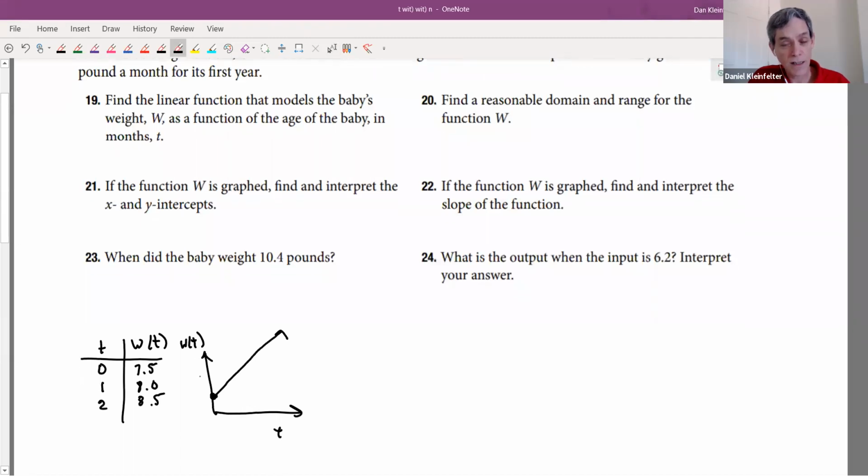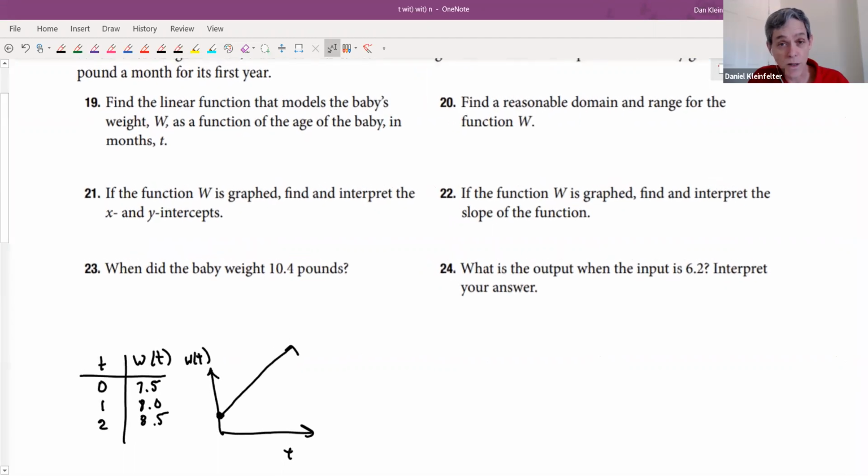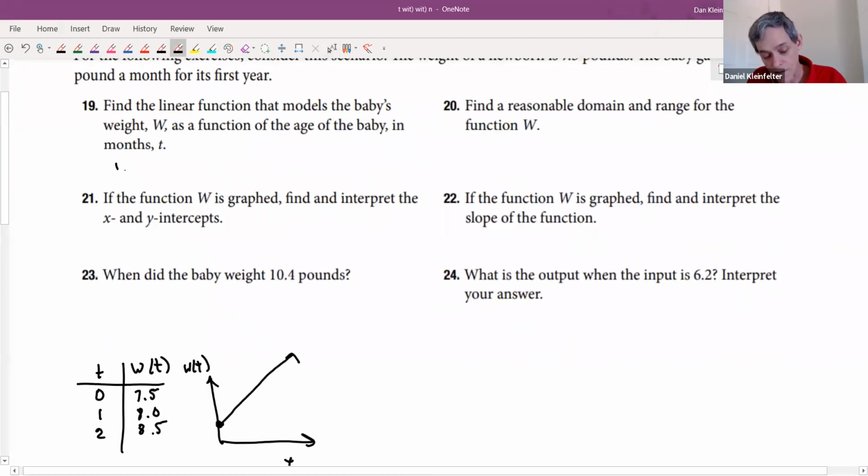So the vertical axis is weight in pounds, the horizontal axis is in months. That 1/2 pound per month is going to be the rate of change in the baby's weight, so the slope. So we have W of T equals 1/2 pound per month times T plus the 7.5 pounds the baby weighed in the first place. Okay, all right, so there's our W of T.